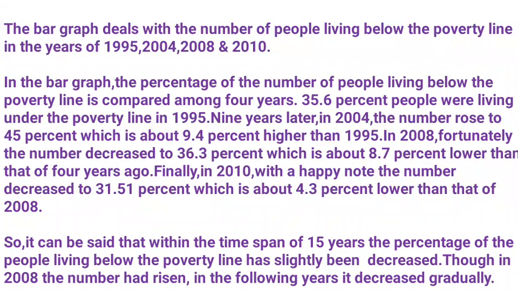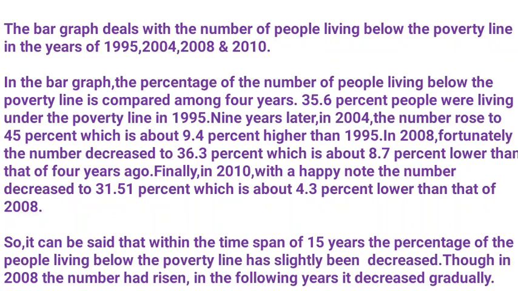And now, the last two lines. So it can be said that within the time span of 15 years, the percentage of the people living below the poverty line has slightly decreased, though in 2008 the number had risen. In the following years, it decreased gradually.